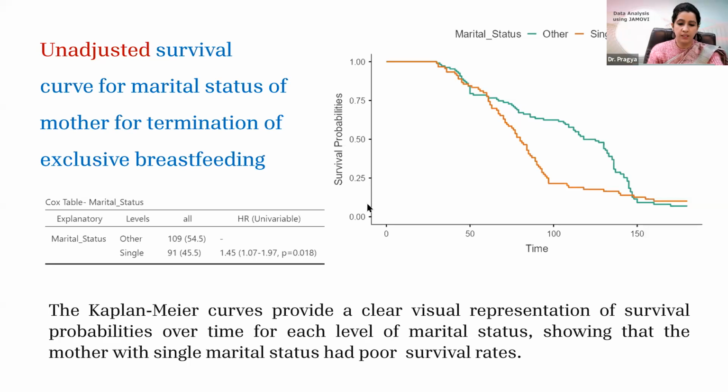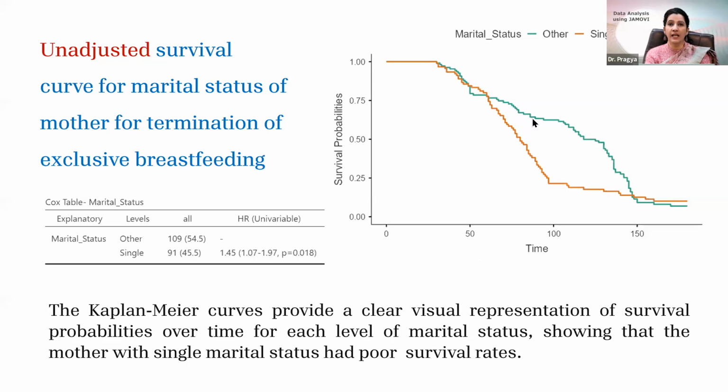This is the output of JAMOVI. The unadjusted hazard is 1.45 with a confidence interval of 1.07 to 1.97 with a significant p-value. What does it show? You can see this orange line and the green line.